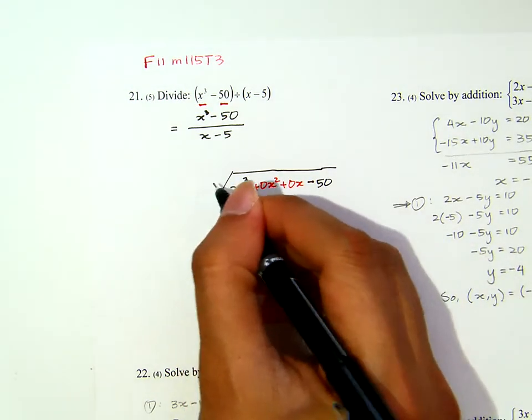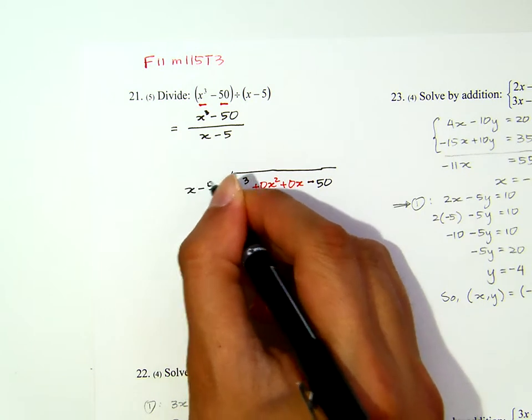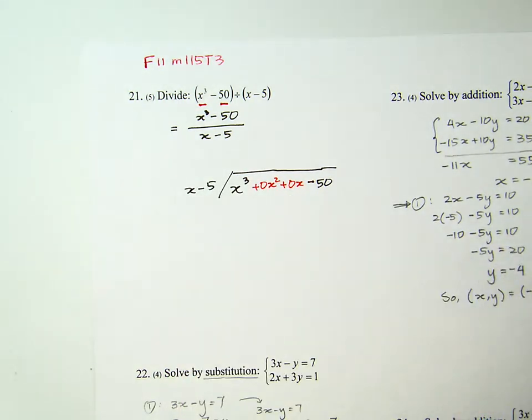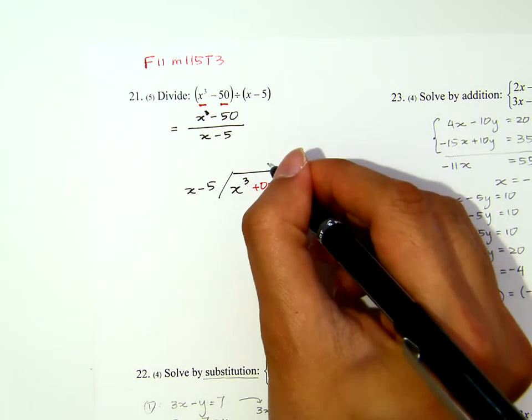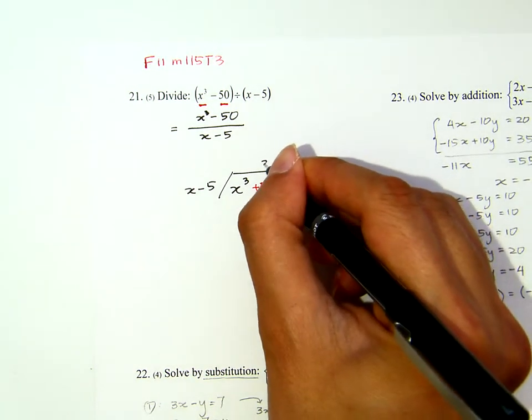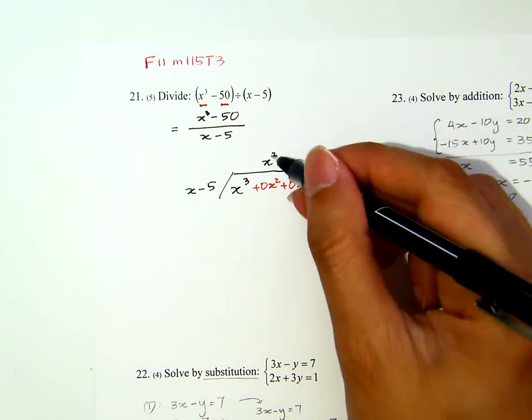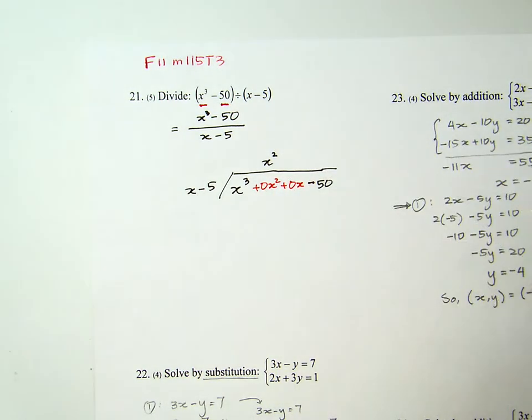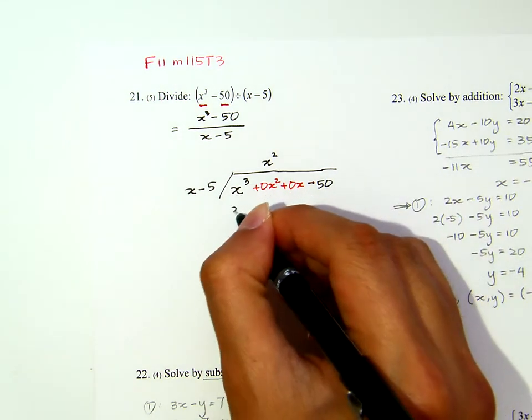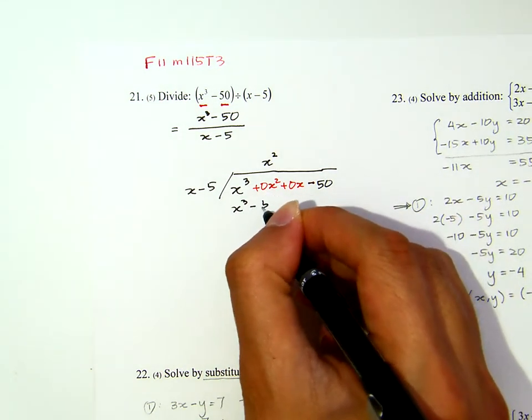Divided by x minus 5. Now, x times what gives me x cubed? That's x squared, I mean. Okay, I need to write it on top of the x squared term. Then this will be x cubed minus 5x squared.